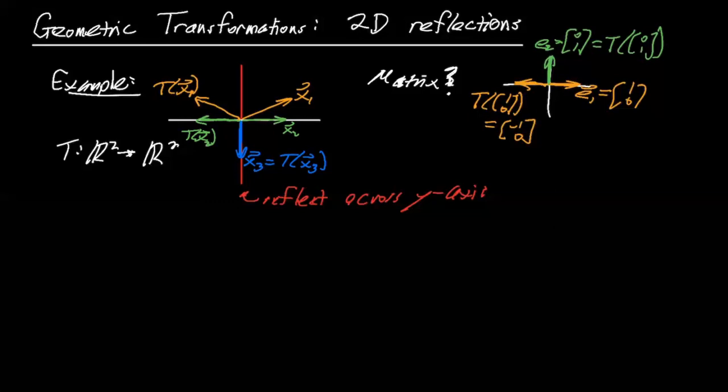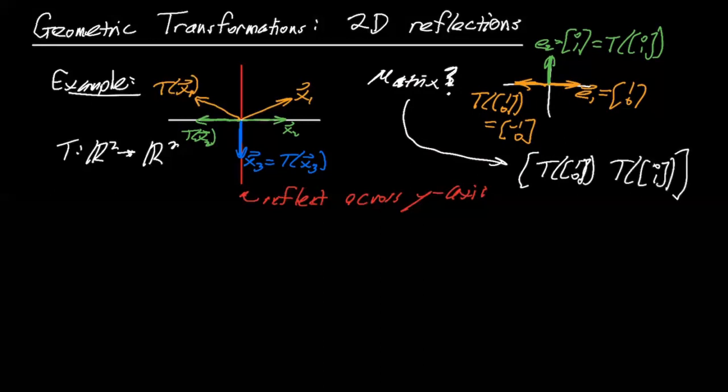And so there you go. Remember that the matrix has columns determined by what happens to the standard basis vectors. And so here, if we just replace this with this, because that's what that equals, and this with this, then we get our matrix.